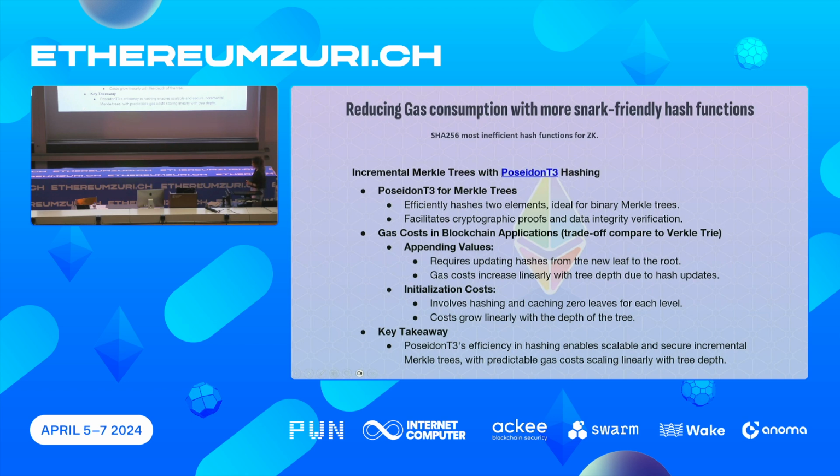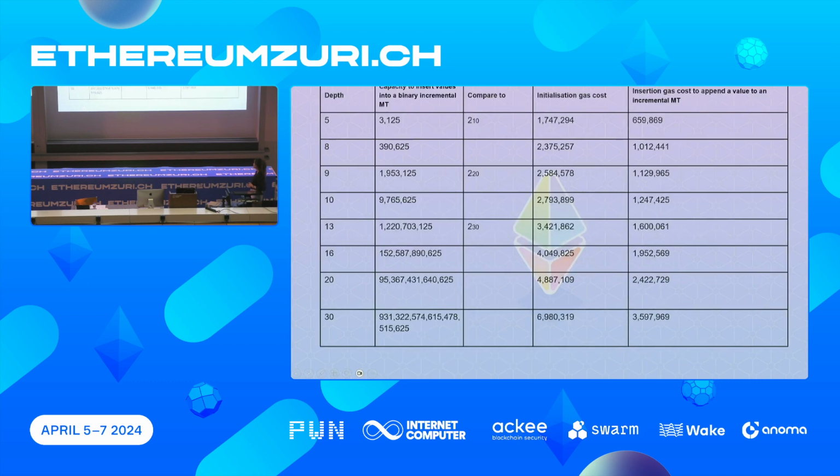The key takeaway here is that Poseidon T3s are more efficient in hashing and enable scalable and secure incremental Merkle trees, if you don't want to completely change the architecture of Ethereum as it is, with predictable gas costs scaling linearly with the tree depth as a trade-off.